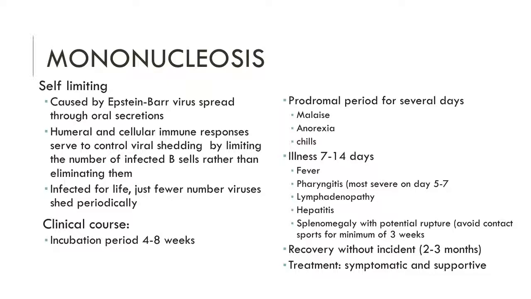The illness itself usually lasts for about 7 to 14 days, where there's fever and pharyngitis. The pharyngitis is one of the major symptoms associated with it. It's most severe on days 5 through 7.